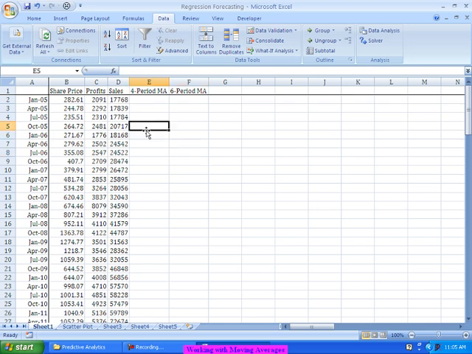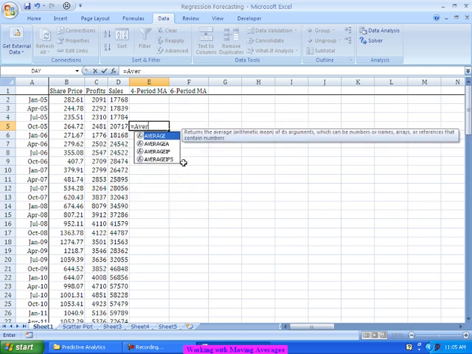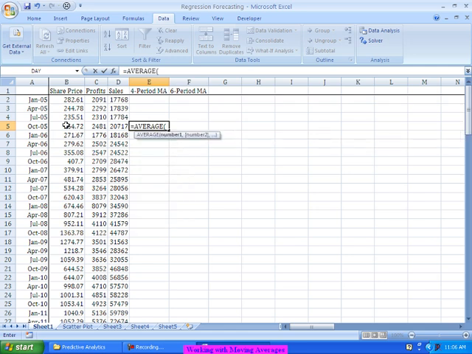For example, here I look at the share price data. I want to see the 4 period moving average, which is the last 4 quarters average of the share price data. So it's as simple as taking the average of the last 4 periods, and obviously I'll not have anything for the first 3 periods because we don't have the earlier data.